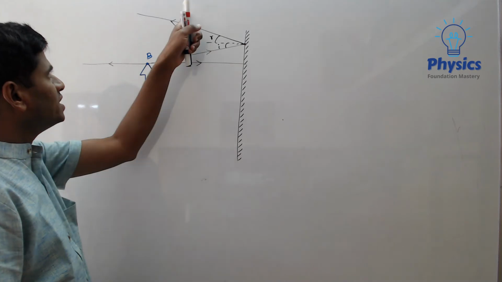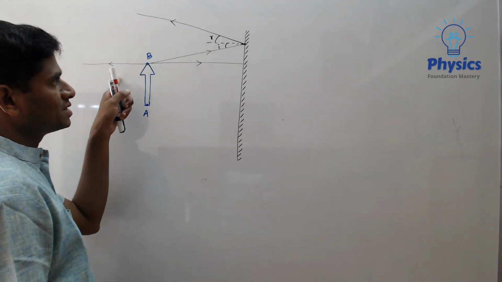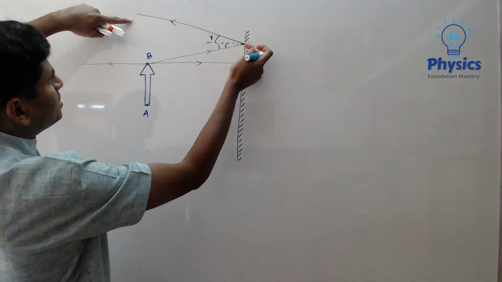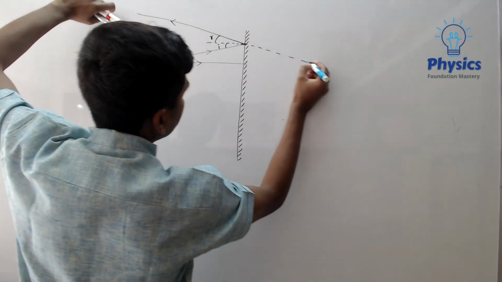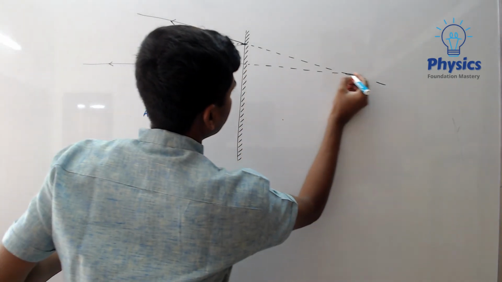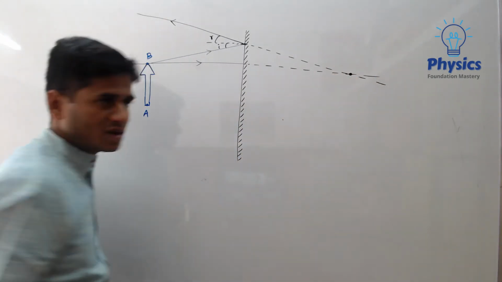Very nice. Now these 2 reflected rays appear to come from where? This ray appears to come from somewhere here, and this reflected ray appears to come from somewhere here. Alright.